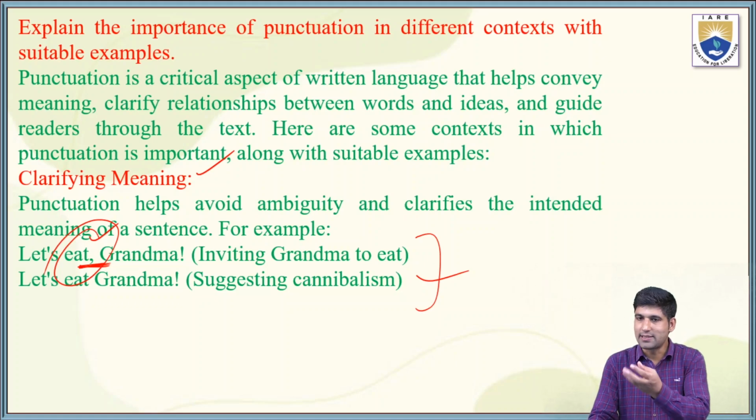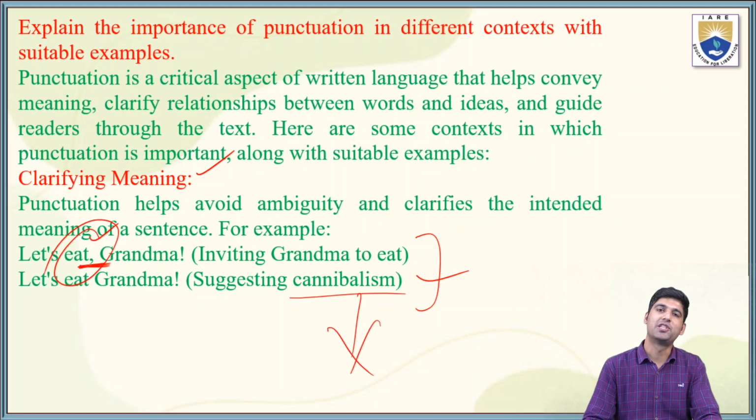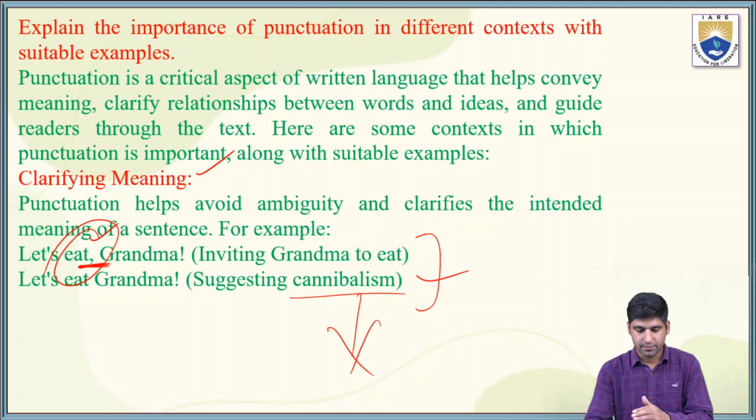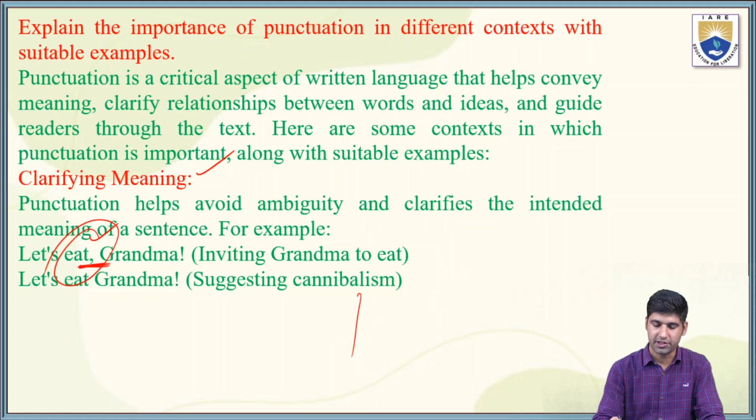It means we are going to eat our grandmother. Cannibalism is when a person eats human flesh. So this is the beauty of punctuation marks. You can better provide the meaning. You can make your sentences clear. You can give the intended meaning to the readers with the help of punctuation marks.